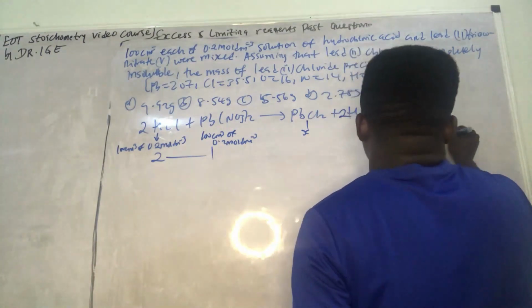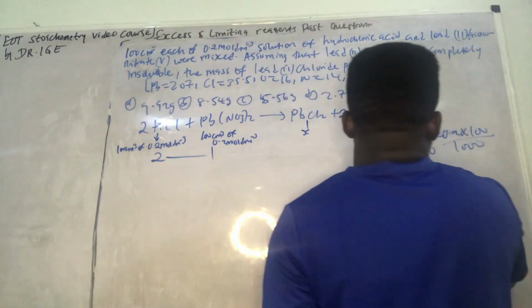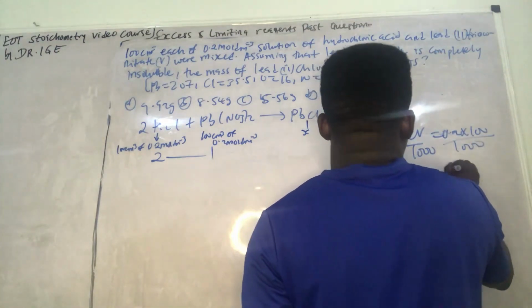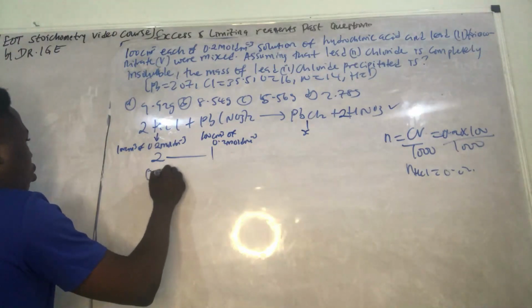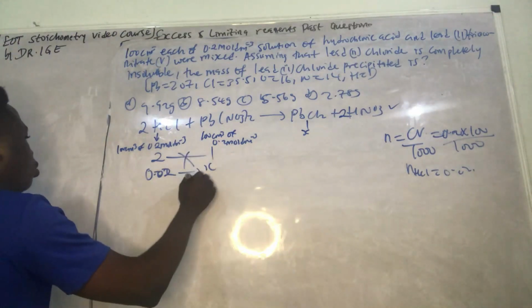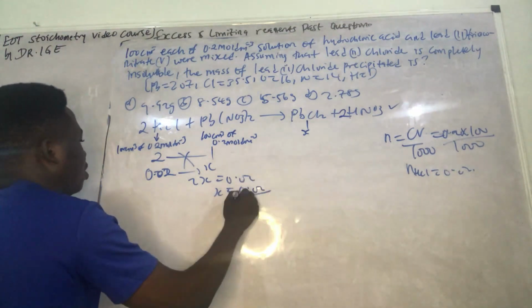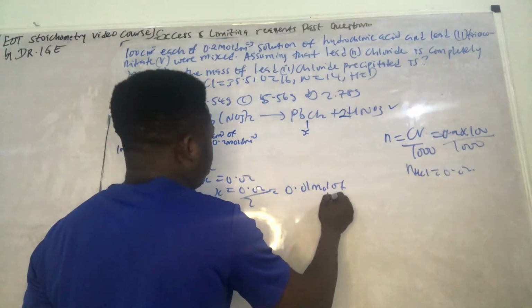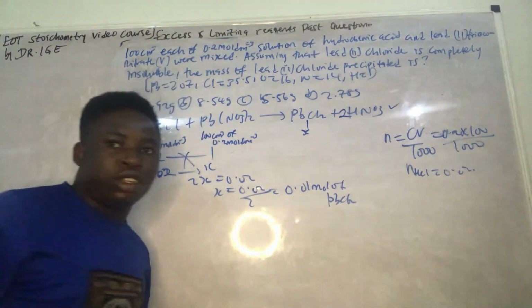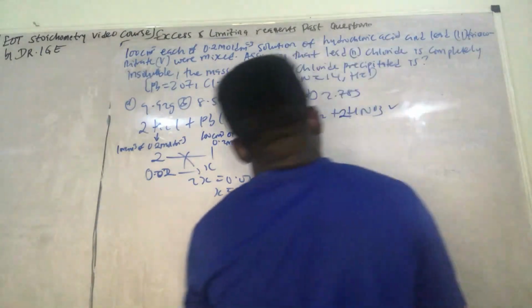What is C? 0.2 times 100 over 1000, so NaCl is 0.02 mole. So we say 0.02 corresponds to x mole of this one. So 2x equals 0.02, and x equals 0.02 divided by 2. This is 0.01 mole of PbCl2. Remember, we are looking for the mass of that product.